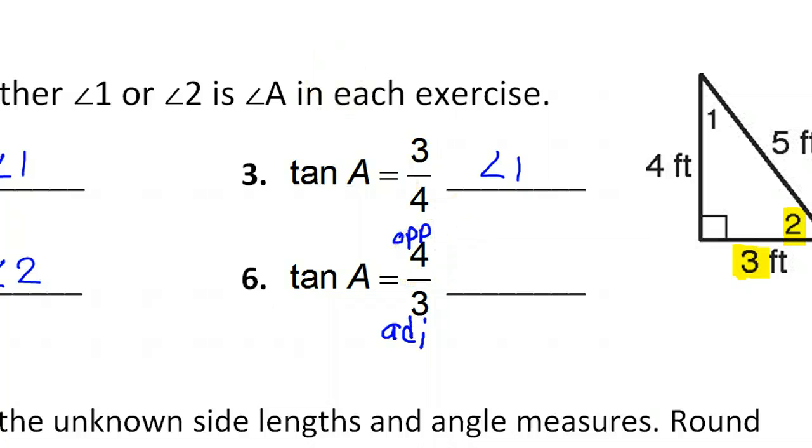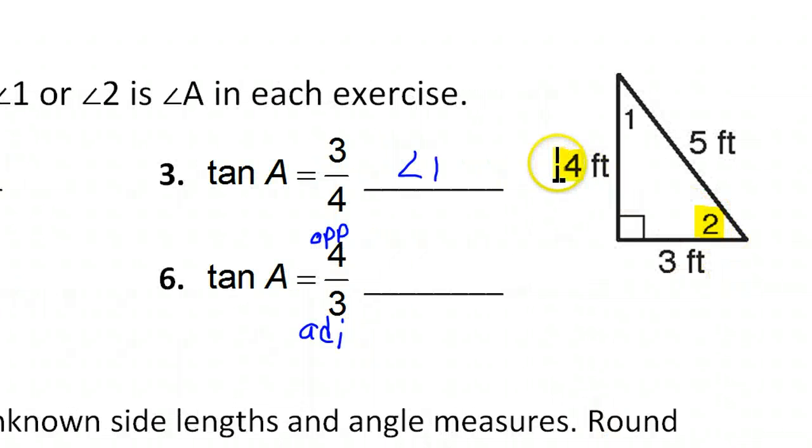So 4 has got to be the opposite leg. If 4 is the opposite leg, then we must be talking about angle 2, because 4 is opposite angle 2. It's across from angle 2. So this must be angle 2.